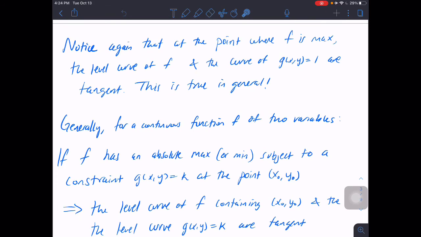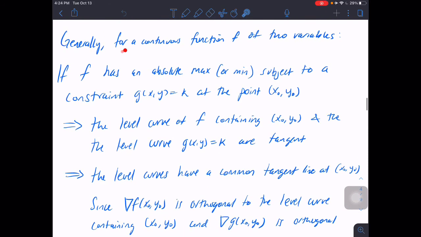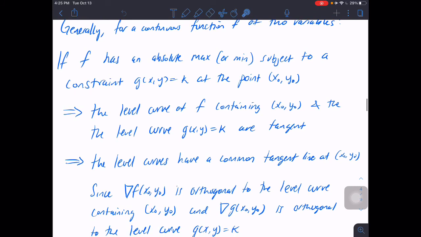So generally, for a continuous function f of two variables, if f has an absolute max or an absolute min subject to a constraint given by some equation which corresponds to the level curve of your constraint function, and it happens to have an absolute max at a particular point x naught, y naught, then in general the level curve of the function containing that point where you're reaching the absolute maximum and the level curve of the constraint function are going to be tangent, okay?